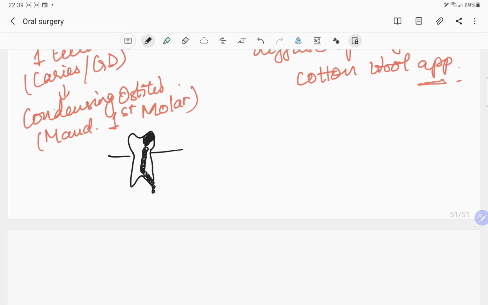So you see that there is a well circumscribed radio opaque mass of sclerotic bone which surrounds the apex of the carious tooth. So you will find that there is radio opacity, a mass of sclerotic bone which is well circumscribed.